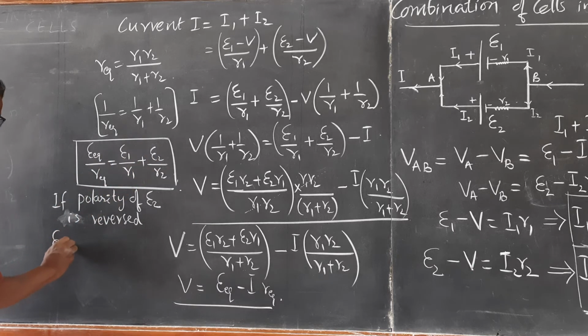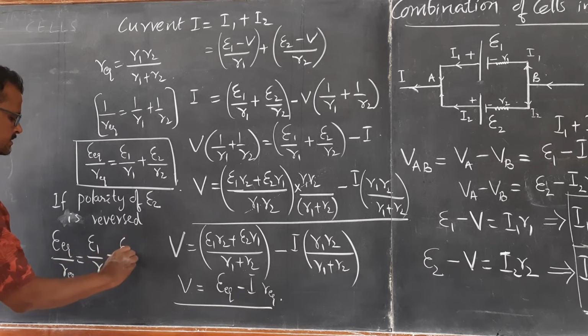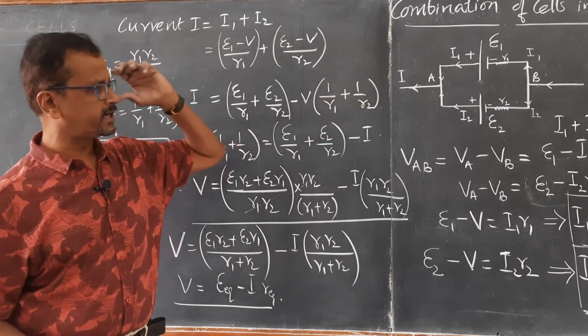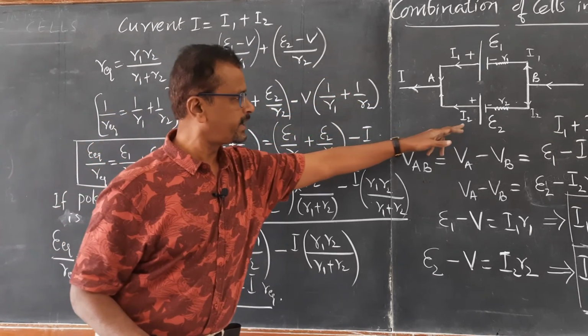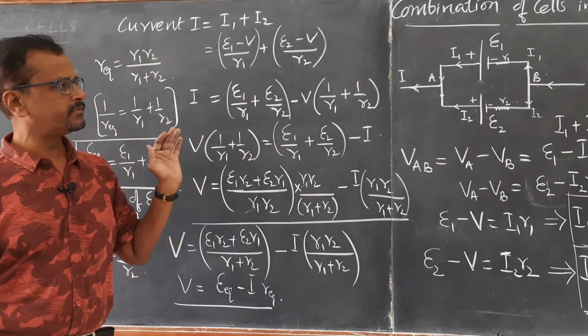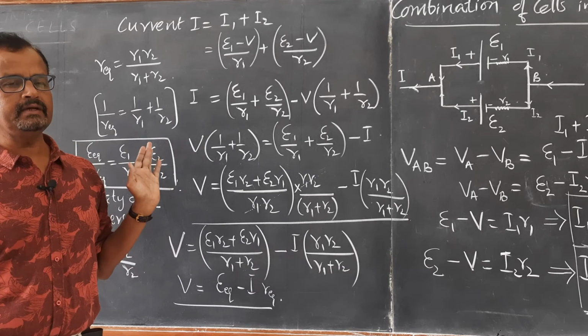Then E equivalent by R equivalent becomes equal to E1 by R1 minus E2 by R2. The reason is there is a reversal of direction of current. Current will, instead of entering from the positive terminal of E2, be entering from the negative terminal of E2.